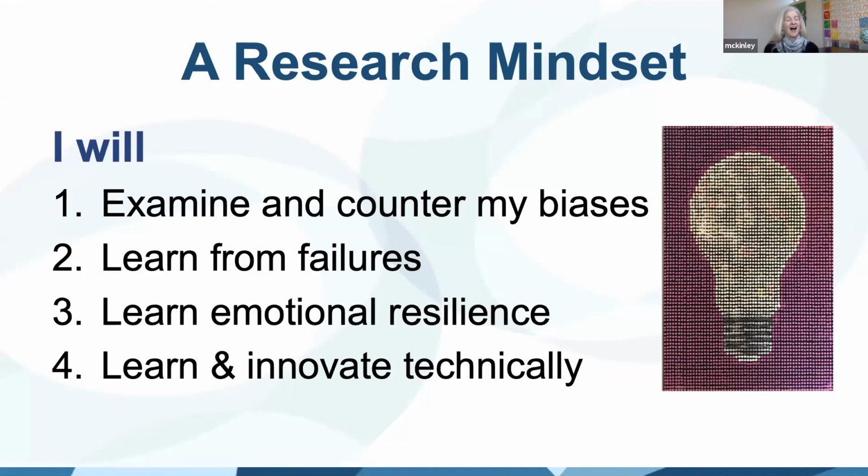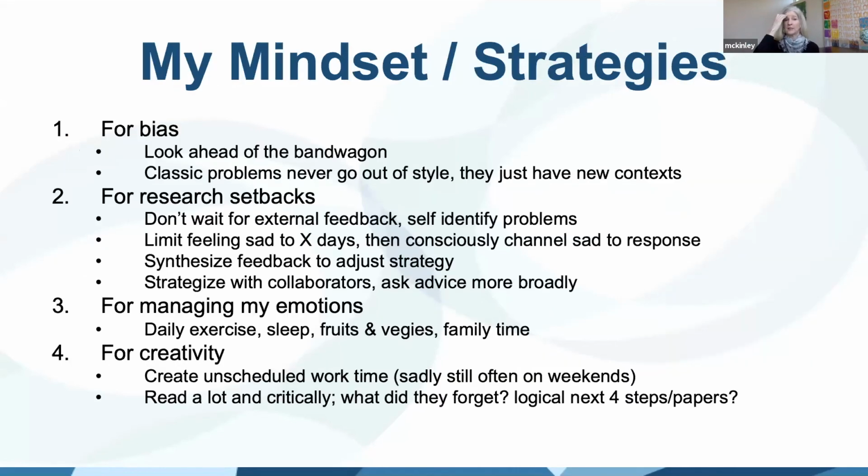And then I will learn, because learning is part of innovating, and then I will innovate in my technical area. And I think in order to do number 4, you need 1, 2, and 3. So I'll give you an example of how I do these things in my mindset and strategies, and then I'll talk about each of these components.